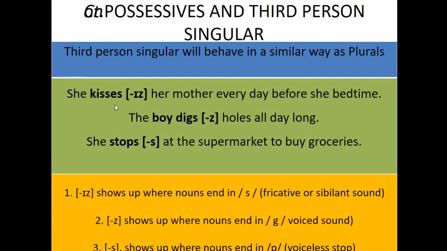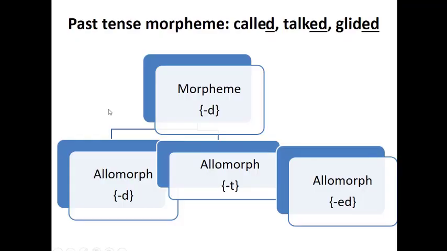Now look here. Kiss is a fricative, definitely a fricative, and again you generalize. By the way, this is a verb. Kiss is a verb. Dig is a verb. Stop is used as a verb. Now, this applies to verbs.